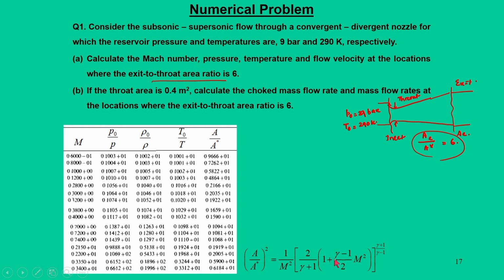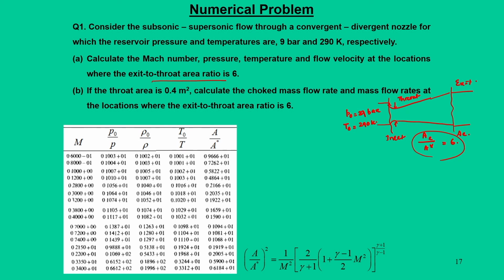For that case we have this isentropic solution chart table, where the area ratio is represented against the Mach number, and side by side we have the static to stagnation pressure ratio, density ratio, and temperature ratio as well. It is easy to use this table when you deal with this kind of problem.